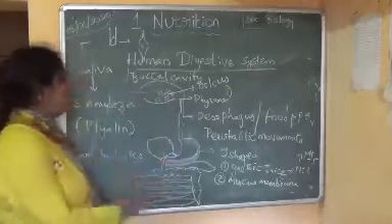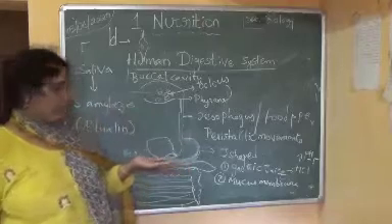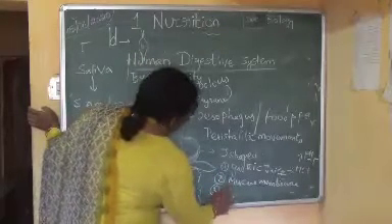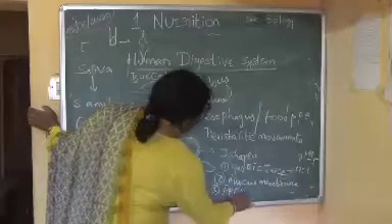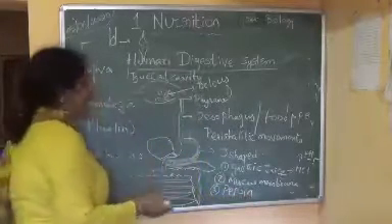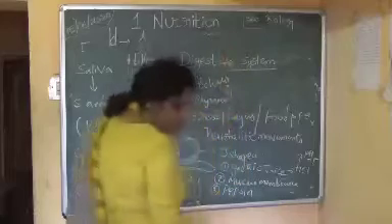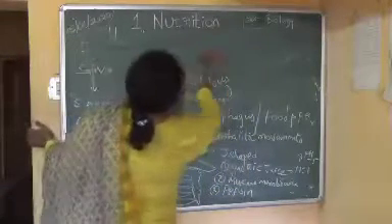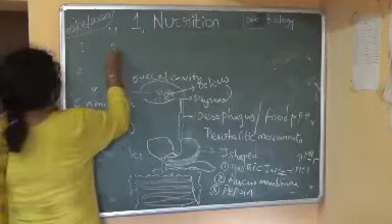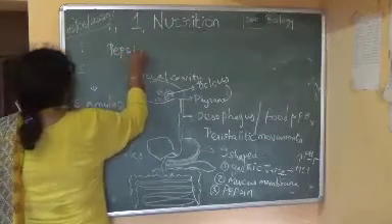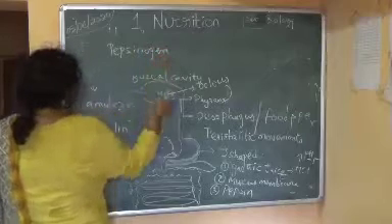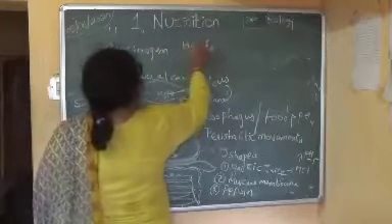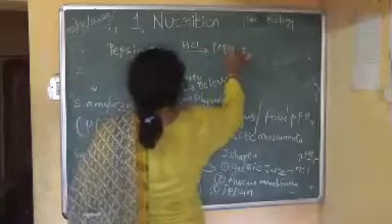Now the gastric juice contains the enzyme pepsin, actually in the form of pepsinogen. In the presence of HCl, it becomes active pepsin.